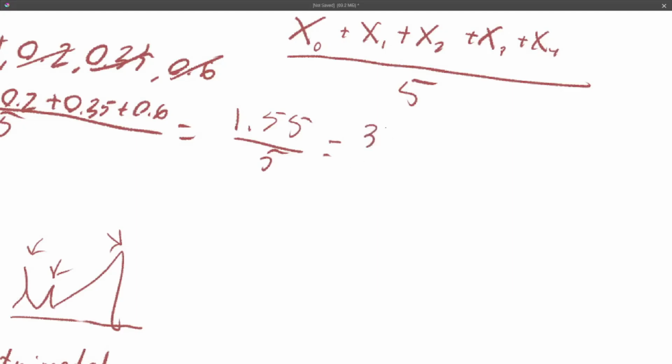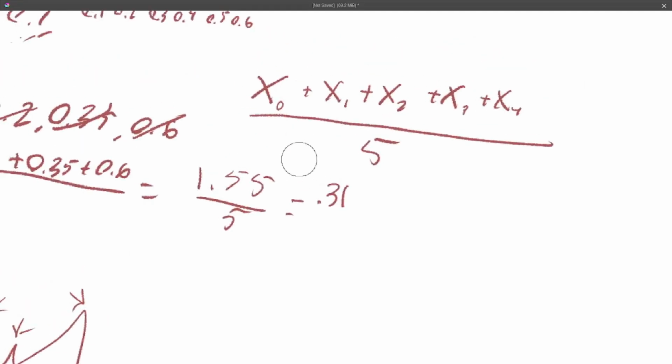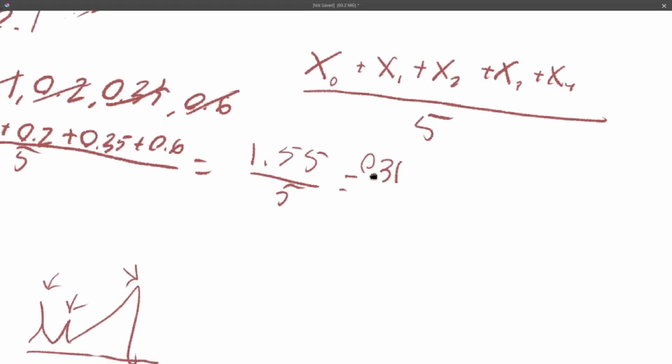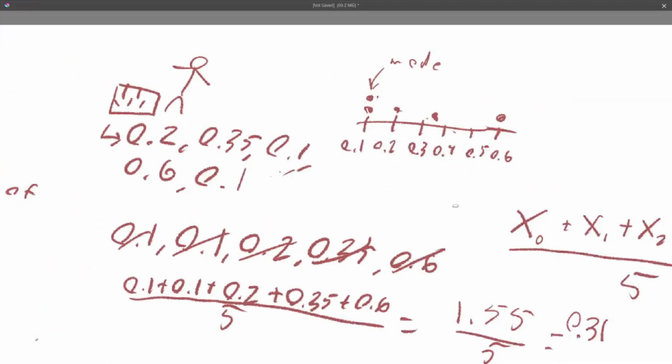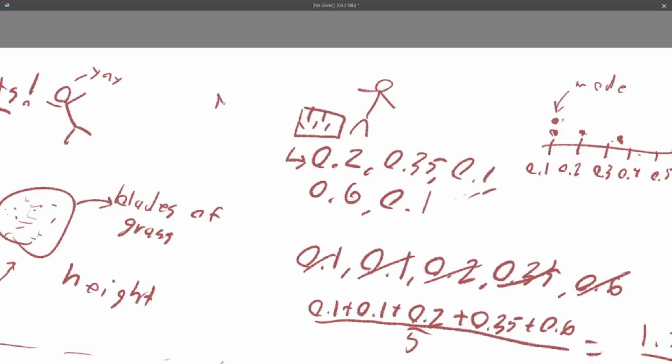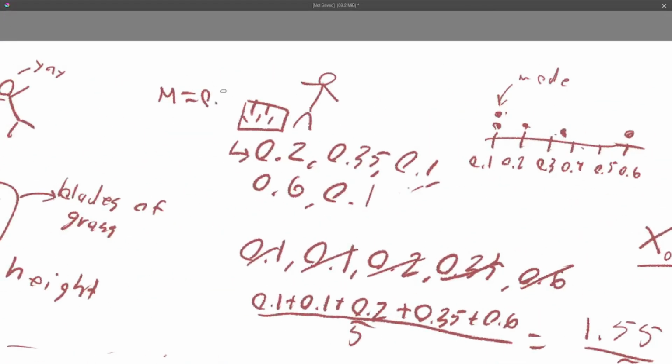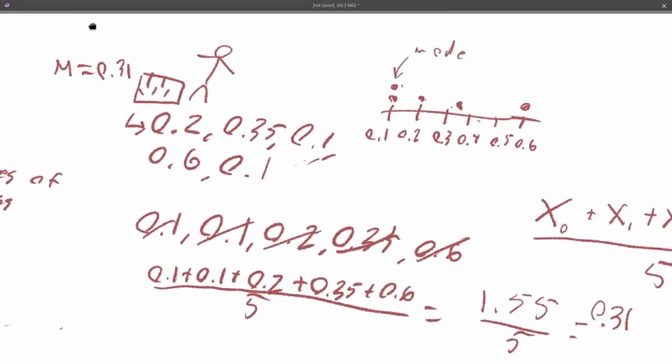Fortunately, I did math when I was a wee lad. I know that it actually equals 0.31. Genius, yes, but you can thank me later. Okay, this is the mean of our population here. Population mean is equal to 0.31. Does that make sense? Do you understand this?